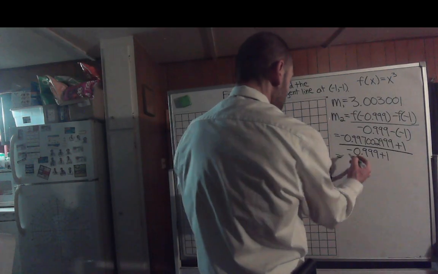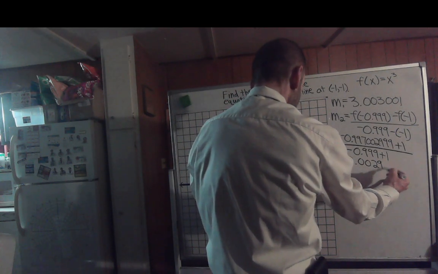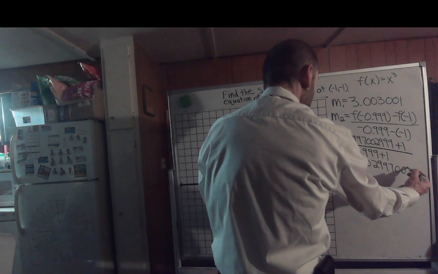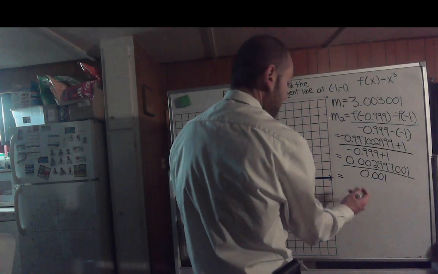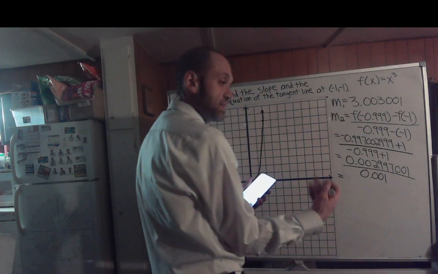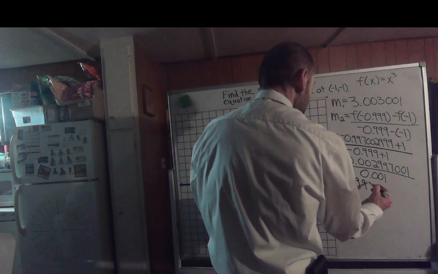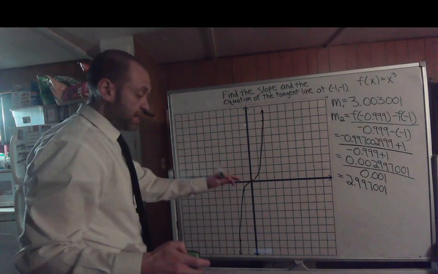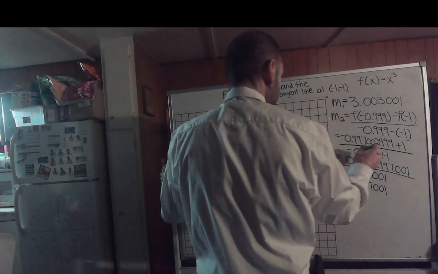So this would simplify into 0.0299701 all over 0.001. Well, when we simplify this, divide by 1/1000th, that's the same as multiplying by 1,000, so this would turn into 2.997001. So now we got the slope of the secant line from -1 to -0.999.